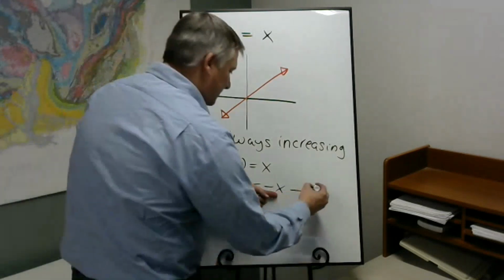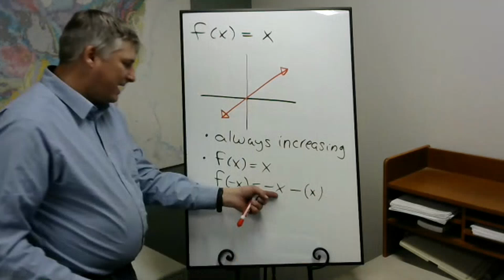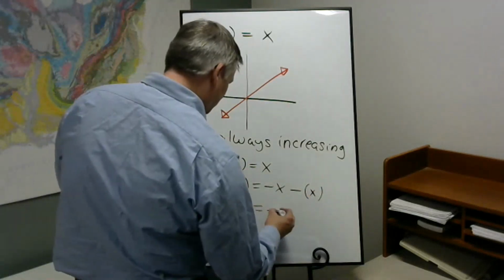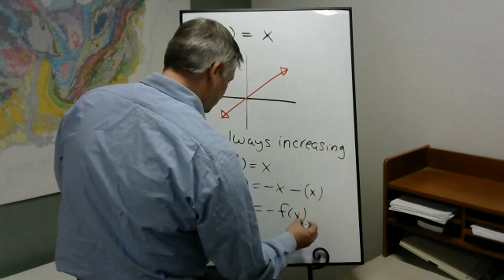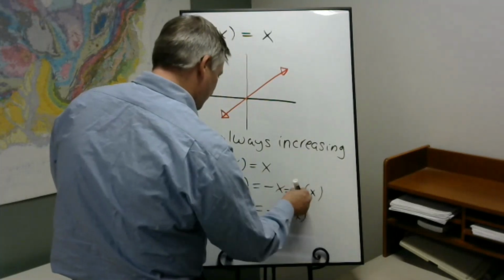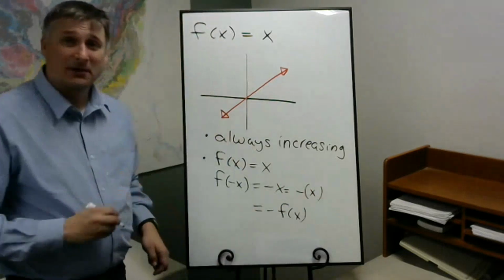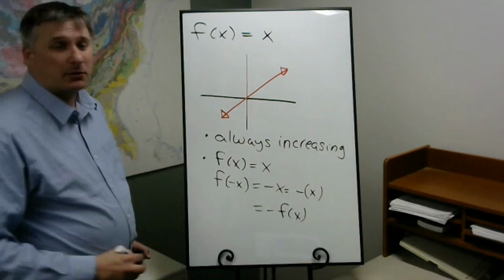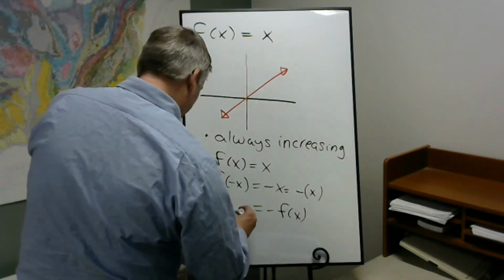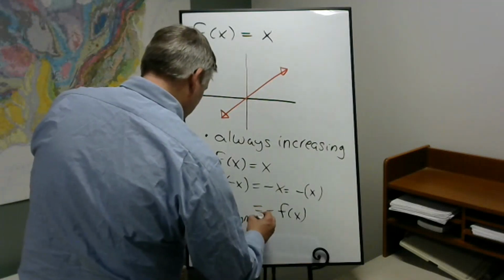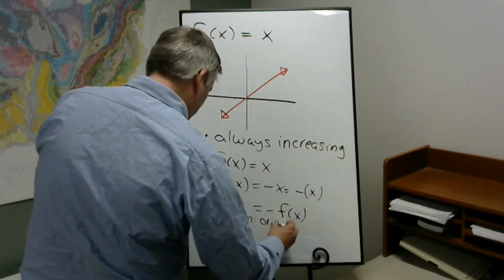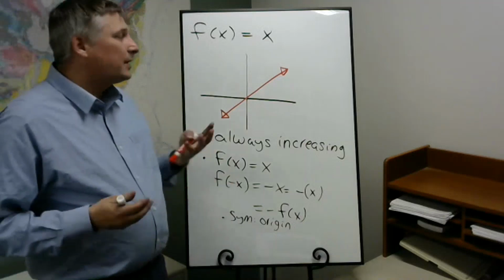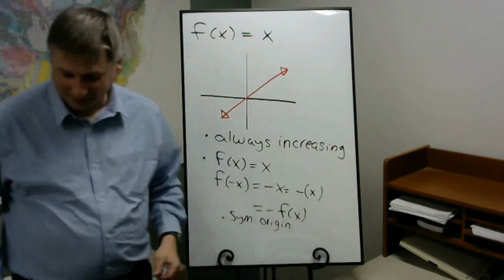Remember, if you take a look at x here, negative f of x is equal to f of negative x. So what this tells us is it's symmetric about the origin. So for increasing and symmetry, that's what we have for f of x equals x.